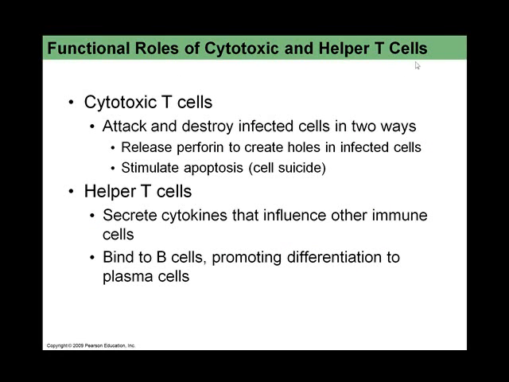So the functional roles of cytotoxic and helper T cells are considered on this slide. So the cytotoxic T cells attack and destroy the infected cells in two ways. They release perforin to create holes in the infected cells, or they stimulate the apoptosis, that's cell suicide, the gene expression dependent. It's pretty complex and highly regulated. You want it to be. You don't want to have this simple trigger to go, oop, the cell died.